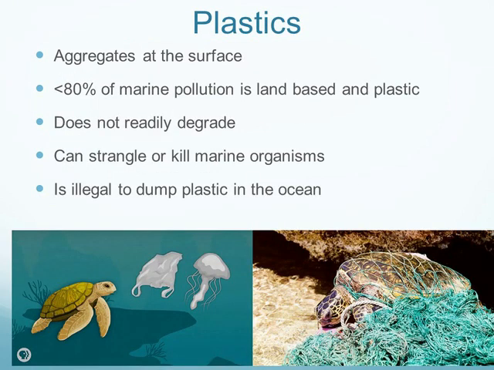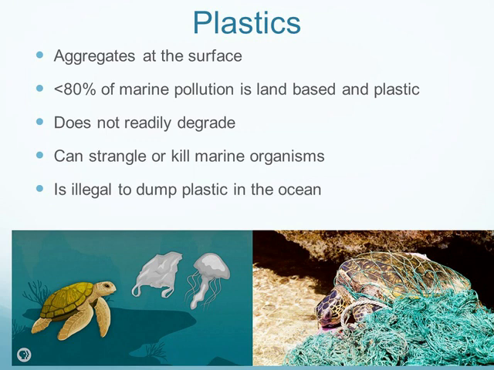Okay, so now we get to plastics. Plastics is the number one source of pollution into the ocean. Typically, because plastics float, they tend to aggregate at the surface, but not always. Just under 80% of the marine pollution in the ocean is land-based, and it is plastic. So you have a majority of that pollution being plastic.